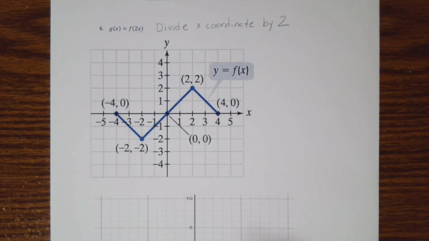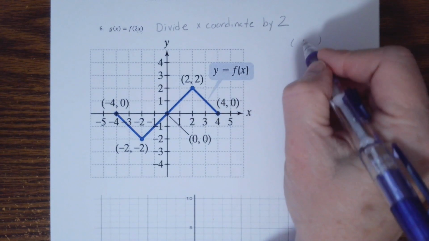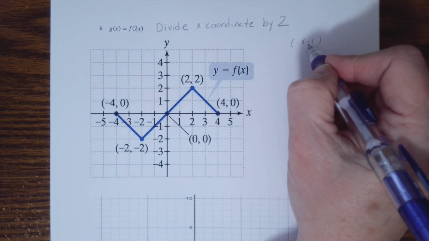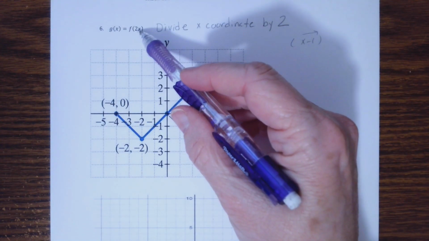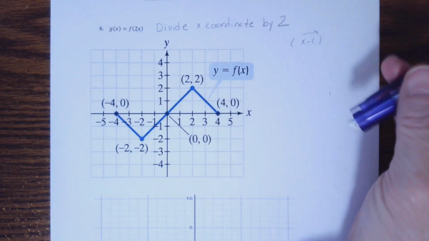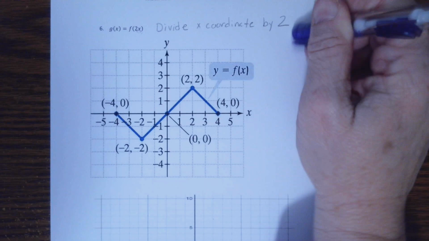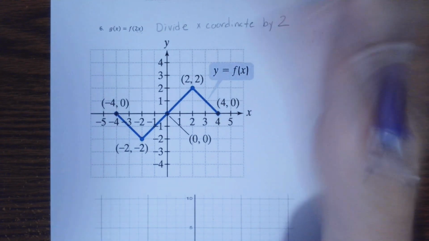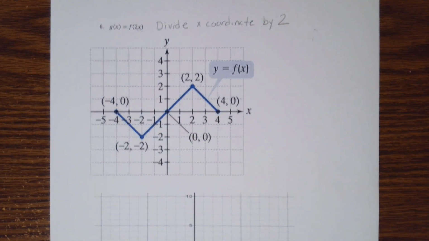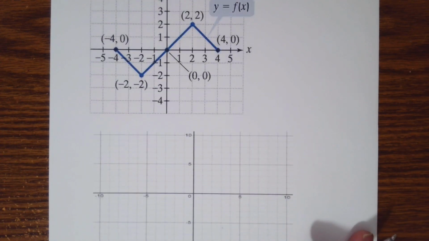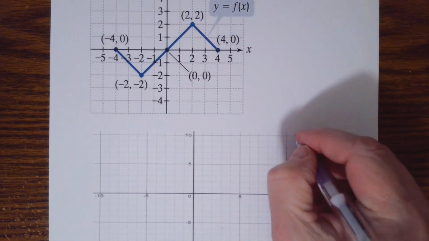So it's the opposite. Do you remember when we had x minus 1 in parentheses, and we went in the positive direction? Well, when it's inside with the x, we have to divide. So when we're working with numbers by the x, we're doing the opposite, or the inverse. All right, so let's use our coordinates.